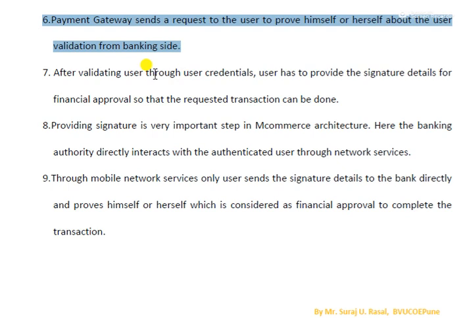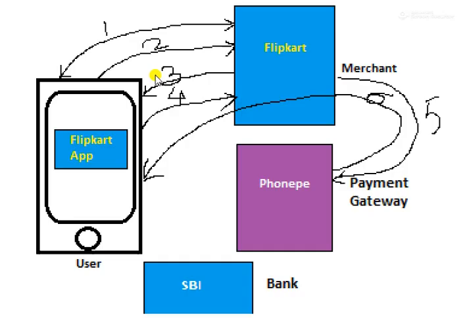In short, whichever payment gateway has been selected by that particular user, it delivers back the user details approval request through the merchant itself to the end user who is using that merchant's application.